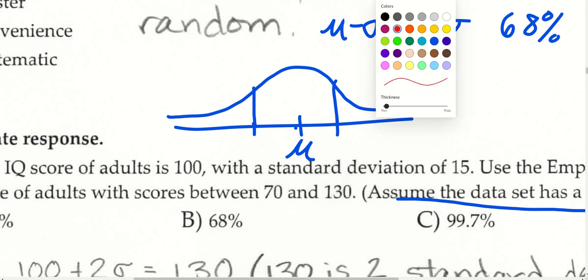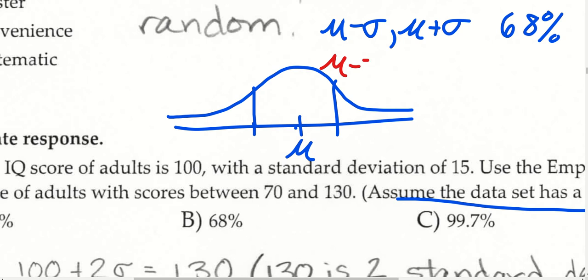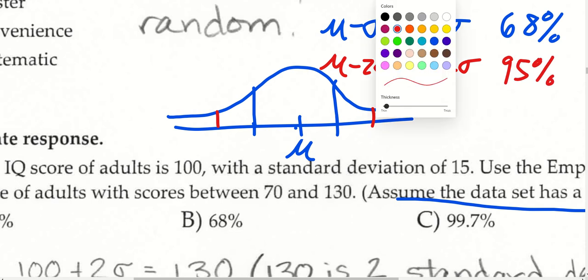If we go from the mean minus 2 standard deviations to the mean plus 2 standard deviations, within that band, you would have 95% of all of the values in your normal distribution.